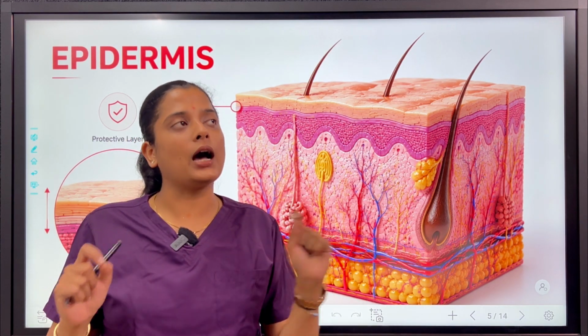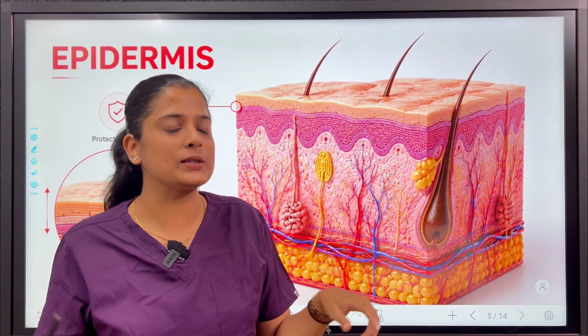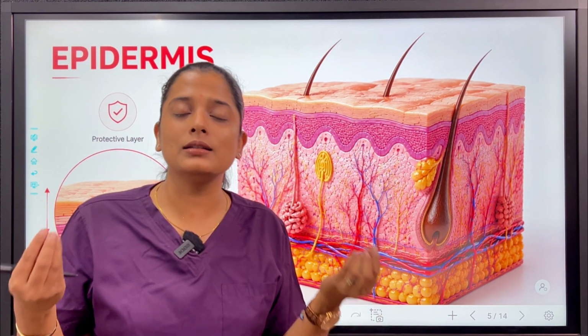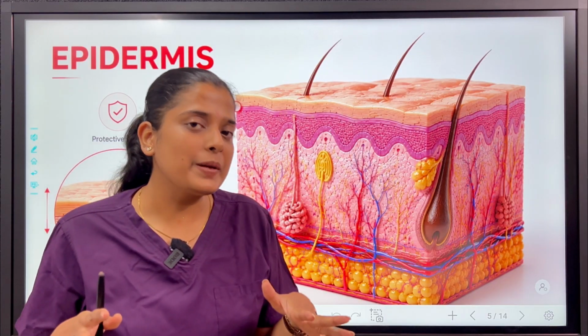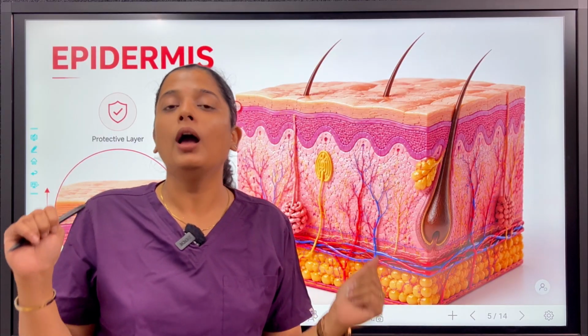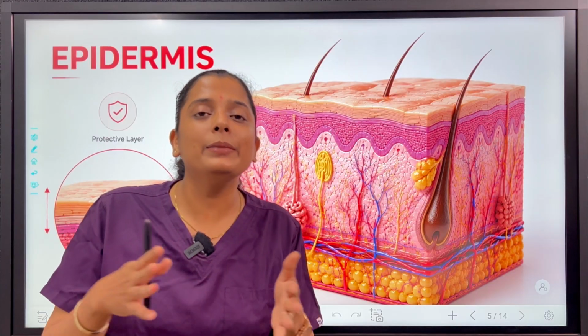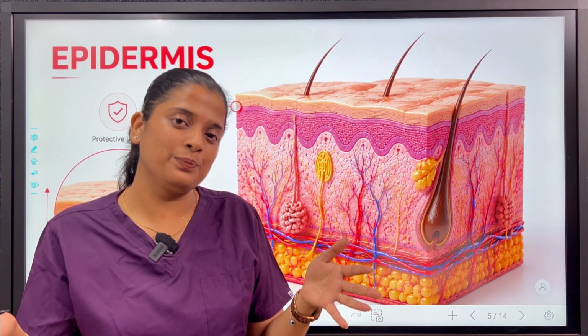So if we are targeting pigmentation, dark spots, or the darkness of skin tone, then yes, my friends, this layer is going to come very handy, because you need to work on this layer to eliminate such problems, correct?